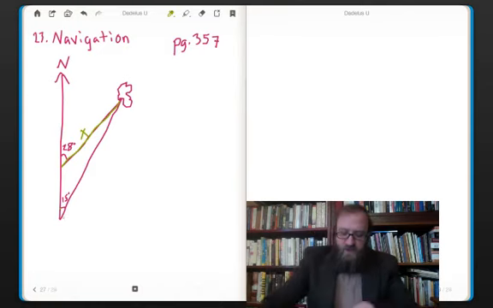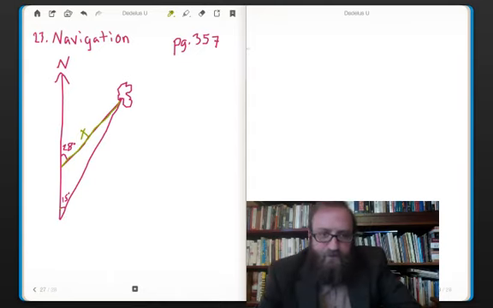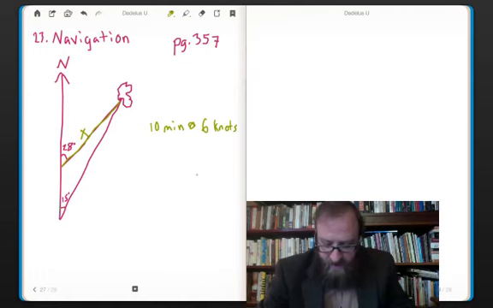All right, and then we travel 10 minutes. Now that's kind of tricky. It says we travel 10 minutes, and it says we're traveling at 6 knots. That's just a fancy term for 6 nautical miles per hour.